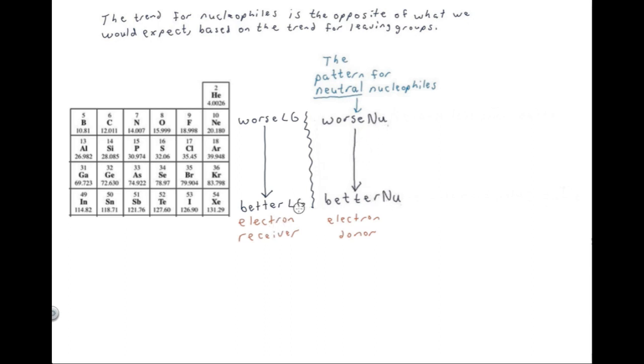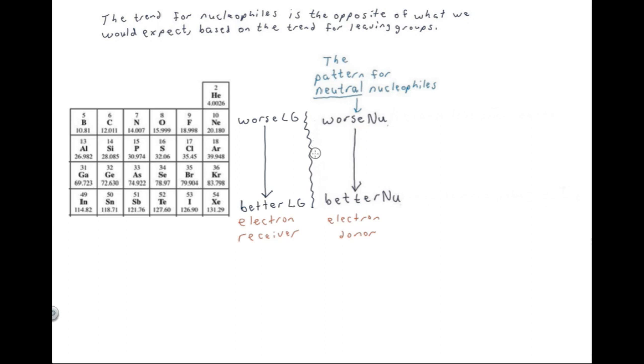So in a sense, a leaving group is kind of the opposite of a nucleophile because they do different, opposite things with electrons. Since in that sense leaving groups are the opposite of a nucleophile, the most natural prediction would have been that the trend for nucleophiles should be the opposite of the trend for leaving groups.